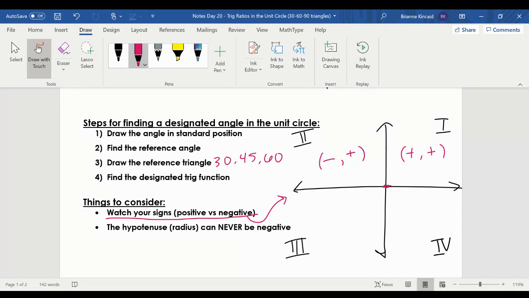In the third quadrant, you are moving left and down. Those are both negative directions, so every x and y value is going to be negative here. And then in the fourth quadrant, you are moving right and down, so that's a positive direction in the x and a negative direction in the y. Remember, the hypotenuse is never negative. We're only talking about the x and the y here.